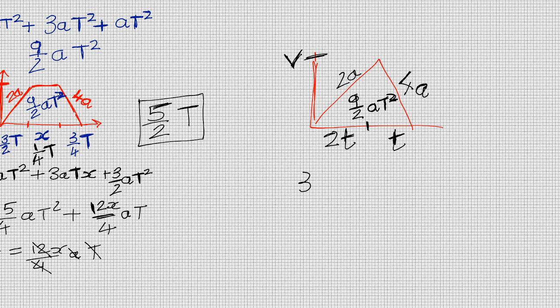So 3 over 2t by v equals 9 over 2a t squared. So cancel the 2. What else do I know? Cancel the 3.